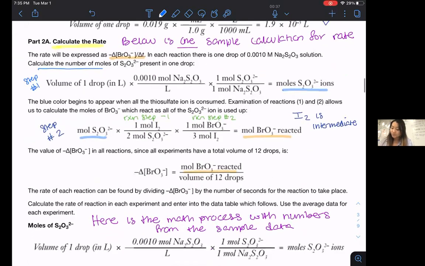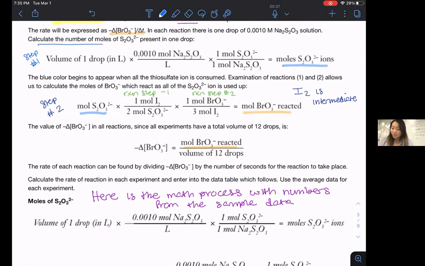Then you take that molarity, you then use your reaction step 1, sequentially your reaction step 2 molar ratios, where I2, your intermediate of diatomic iodine, is used to translate between the two reactants of persulfate and bromate, I believe it's called bromate ion, to get the moles of bromate.